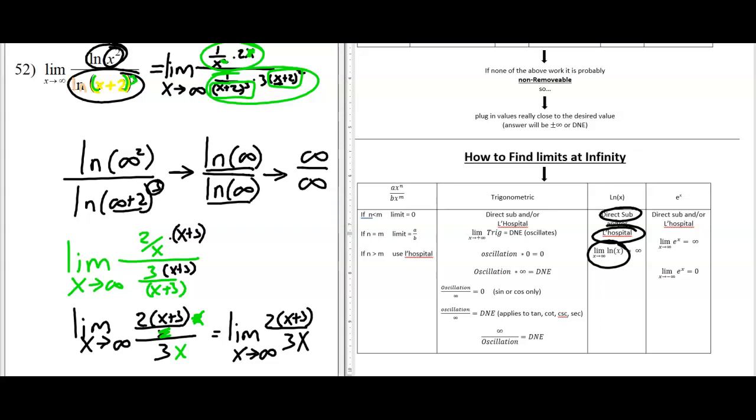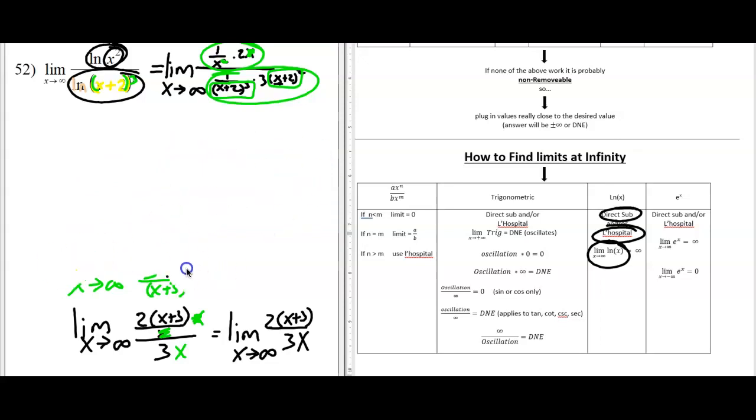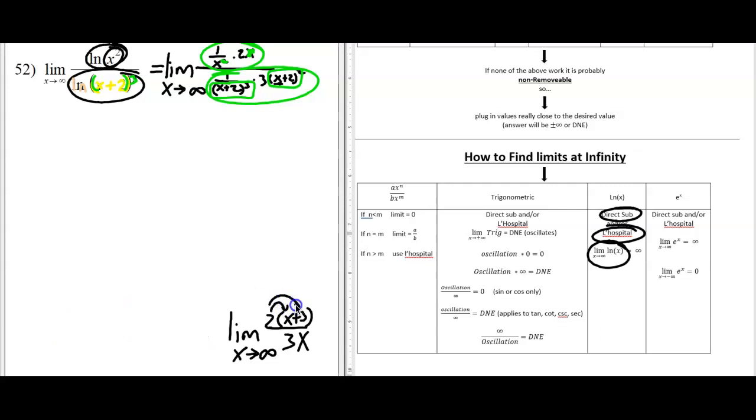I'm going to need some writing space, I see. I'm going to go ahead and distribute too. Why not? Let's make it a little bit simpler to look at. Okay. Now, if I plug in infinity, you guys, I'm just going to get infinity over infinity again.